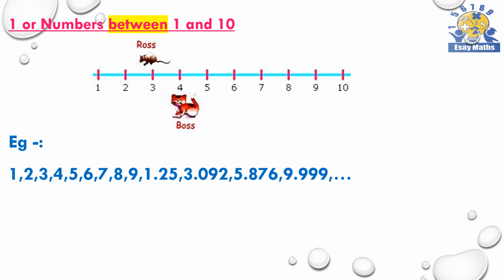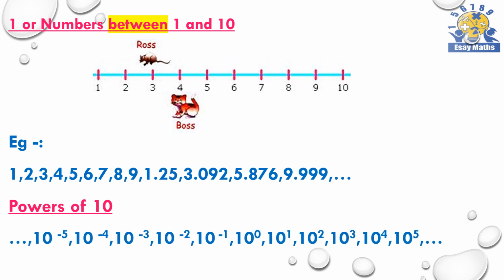Now it's very clear. 1 or numbers between 1 and 10 mean it should be a whole number or a decimal number, but the whole number should be equal or greater than 1 and less than 10.